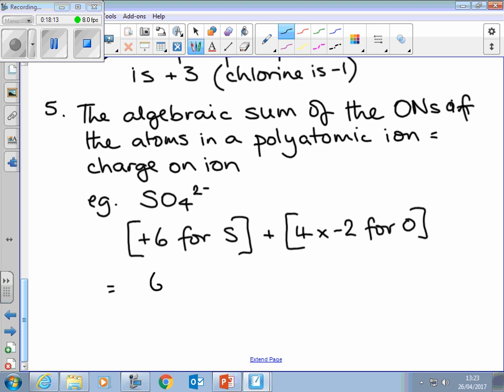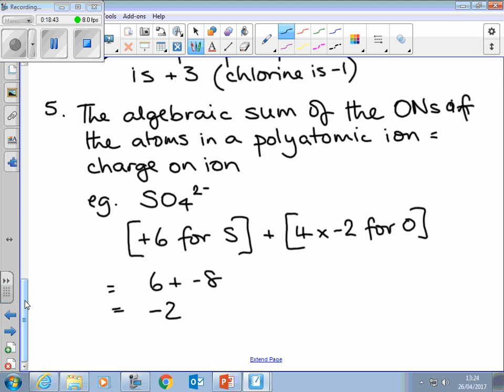So we've got 6 plus -8, so hence our -2. But sulfur's one that you know, it's actually got some options, and that's quite a useful one.